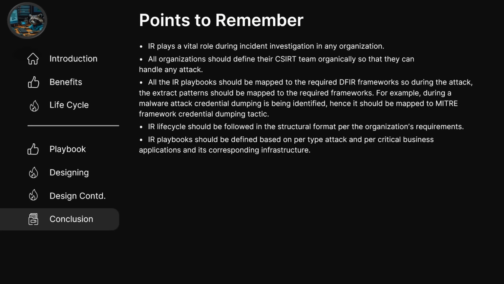Once containment is done, the on-ground team will work on the eradication. Once the eradication is done, the on-ground team and the CSIRT manager will identify the amount of damage that has happened. They will prepare a report and provide it to the CISO and the other stakeholders.